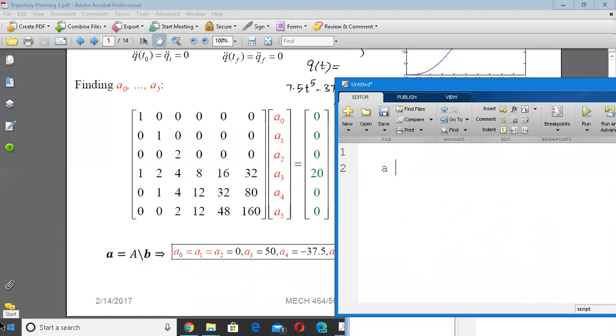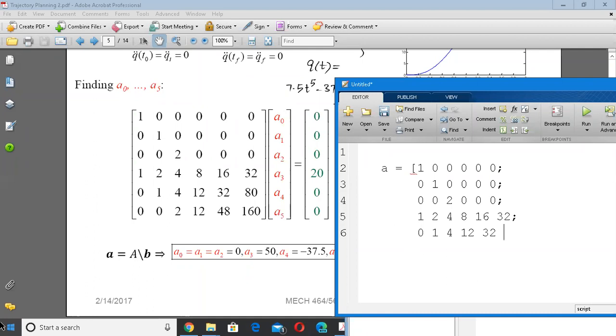So the A's will be 1 0 0 0 0 0, 0 1 0 0 0 0, 0 0 2 0 0 0, 1 2 4 8 16 32, 0 1 4 12 32 80, and 0 0 2 12 48 160.